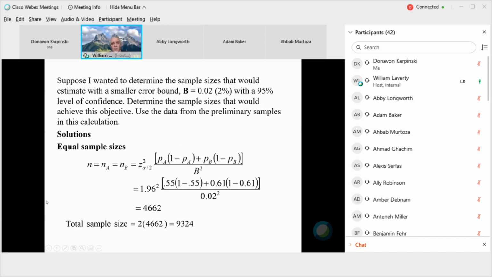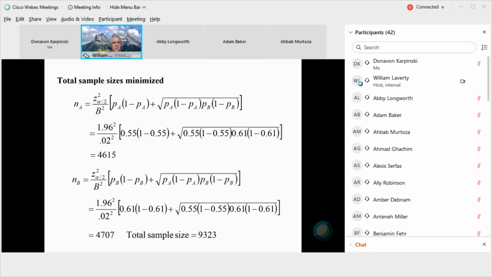So this is the formula for N1, NA and NB, if I require the two sample sizes to be equal. These two sample sizes should be 4,662 to estimate the difference with an error bound of 2%. This is the solution if I wanted the total sample size minimized.